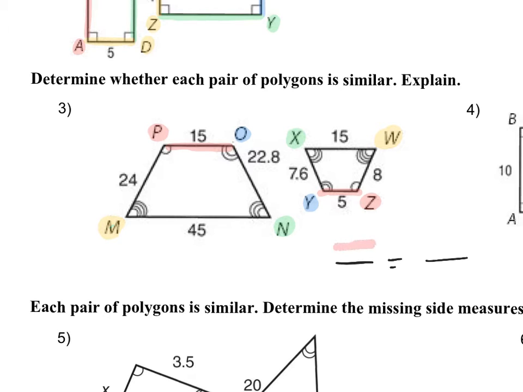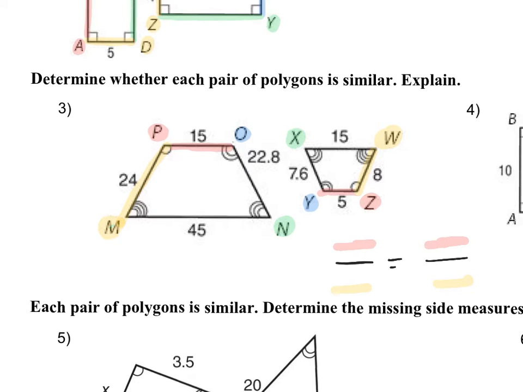So I'm going to do red on top. And then I like the numbers on this one over here. So I'm going to do WZ, and then this one right here. I'm going to do yellow on bottom. I feel like those are simpler numbers. 22.8 and 7.6 gets a little ugly.